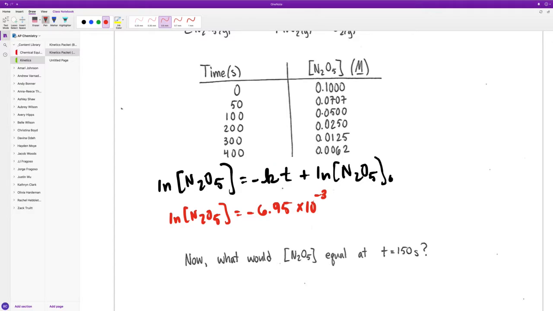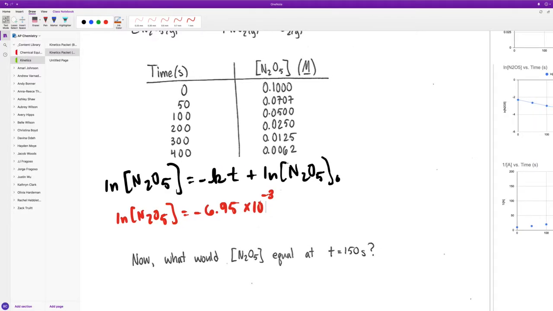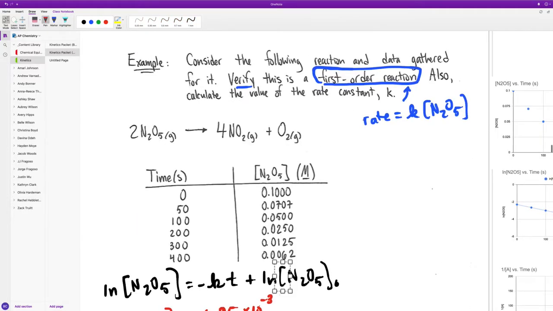And in terms of units, the units for the rate constant here: molarity per second equals question mark times molarity. That's molarity, and that's the unit we're trying to figure out.